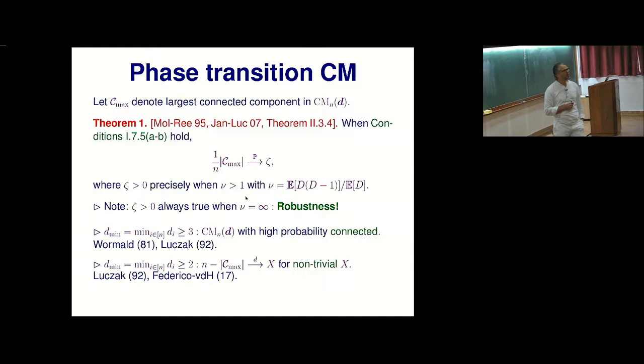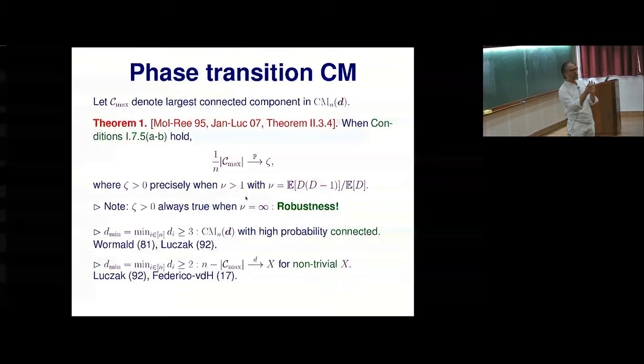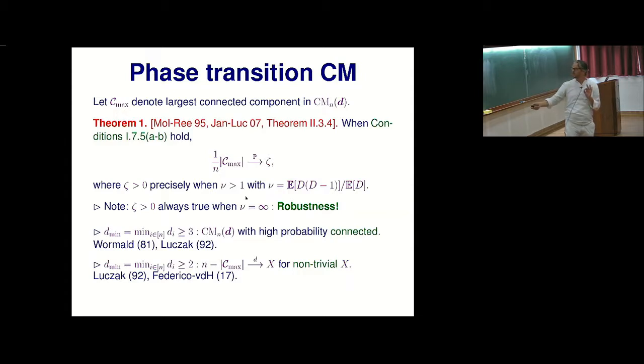When the minimum degree is at least 2, if I look at a vertex, look at a half-edge incident to it, and pair it to another half-edge, then there is always at least one extra half-edge coming out of that vertex. That's what this says. So with high probability, your neighborhoods will keep on expanding, and you will never die out.